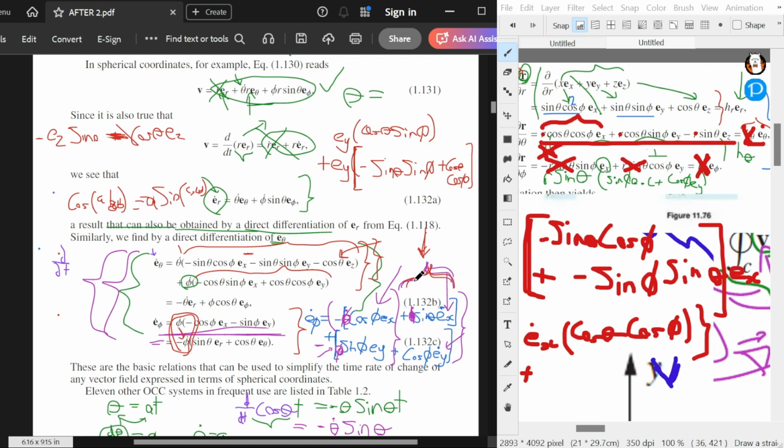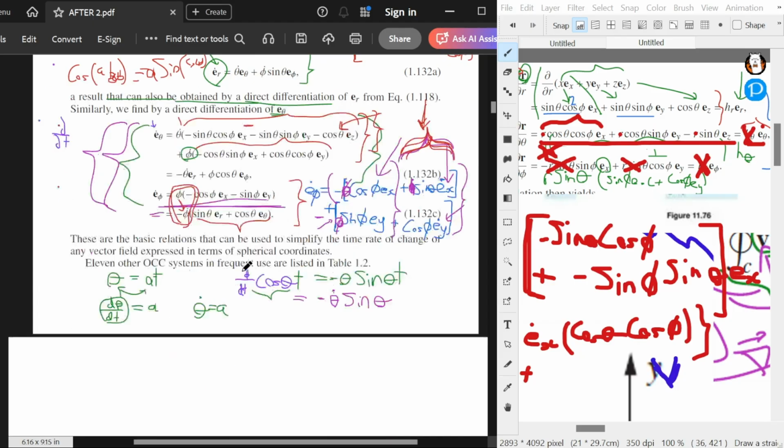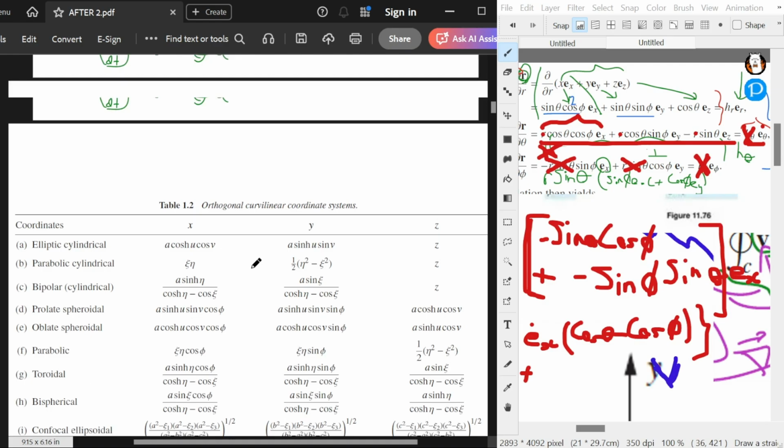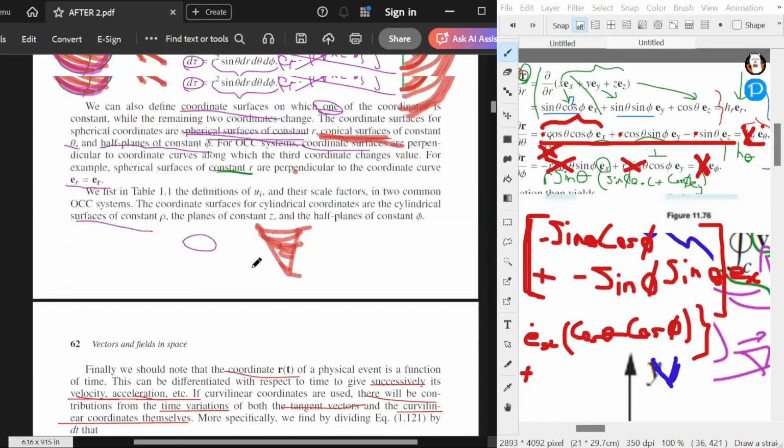But these guys are phis, and these guys are thetas. So that is kind of weird. Is it a typo? It's most likely not a typo. Surely they have this correct. I'll figure it out at some point. Let's just look at the other stuff.